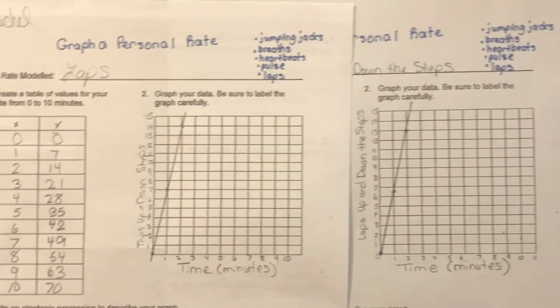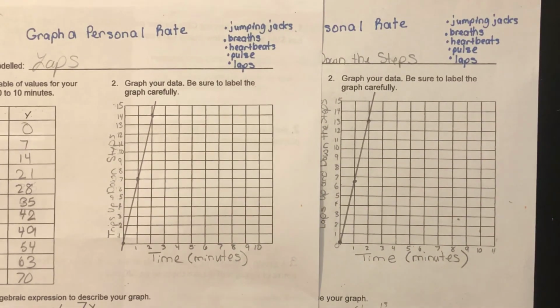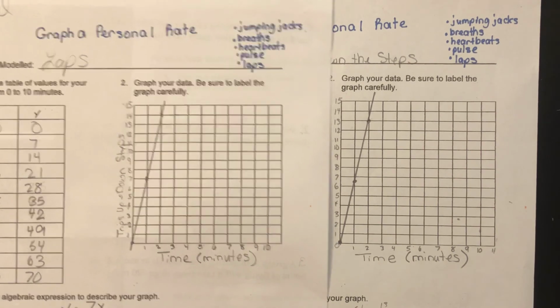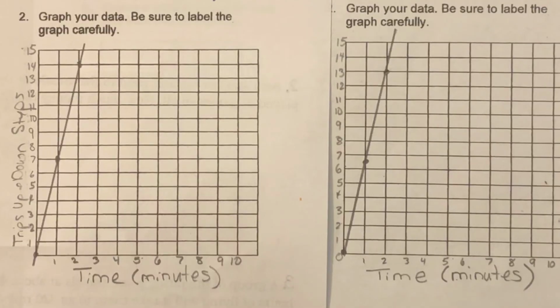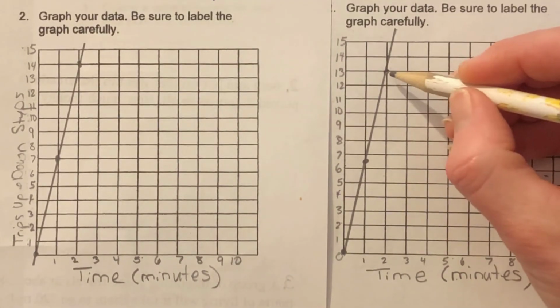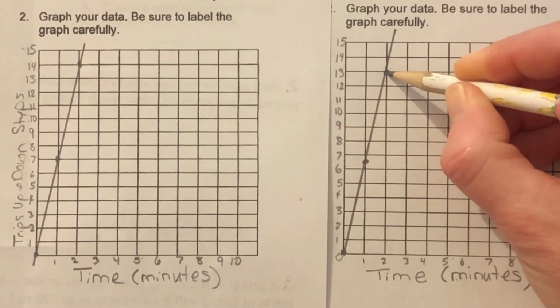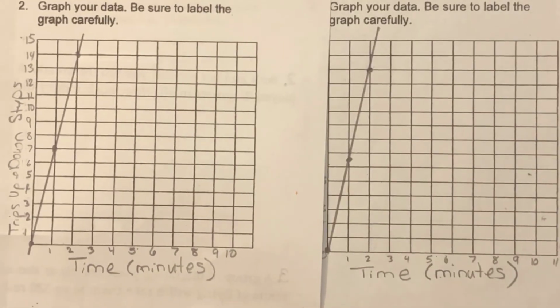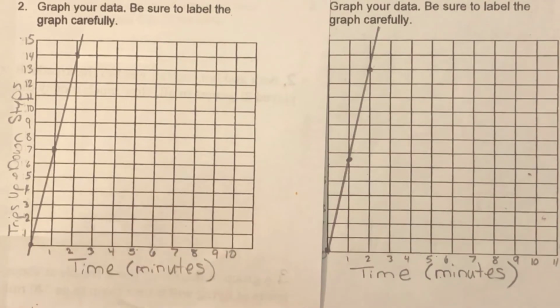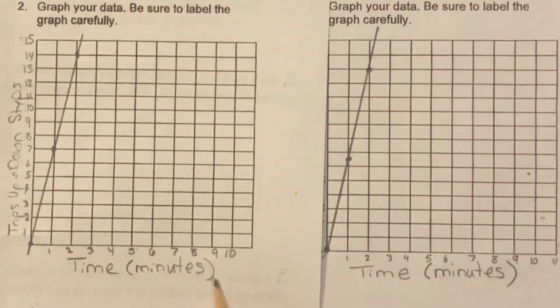So if you look at our graphs, they're almost identical. Just barely different. I did 13 laps in 2 minutes, and she did 14 laps in 2 minutes. And when we put those together, you can barely see the difference in the slope, but they're almost identical.